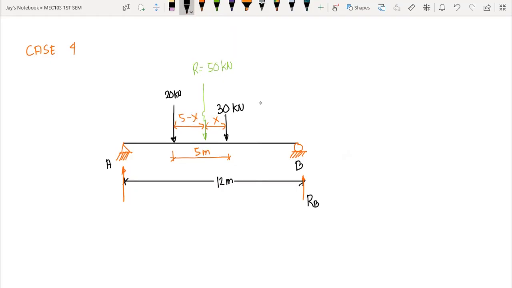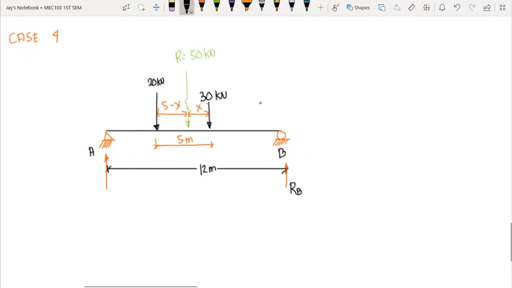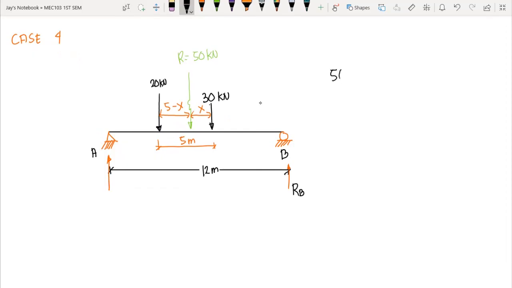By Varignon's theorem, 50 times x equals 20 times 5. This will give us x equals 2 meters. So we have 2 meter distance from the resultant to the 30 kilonewton, and 5 minus x, or 3 meter distance from 50 to 20 kilonewton.